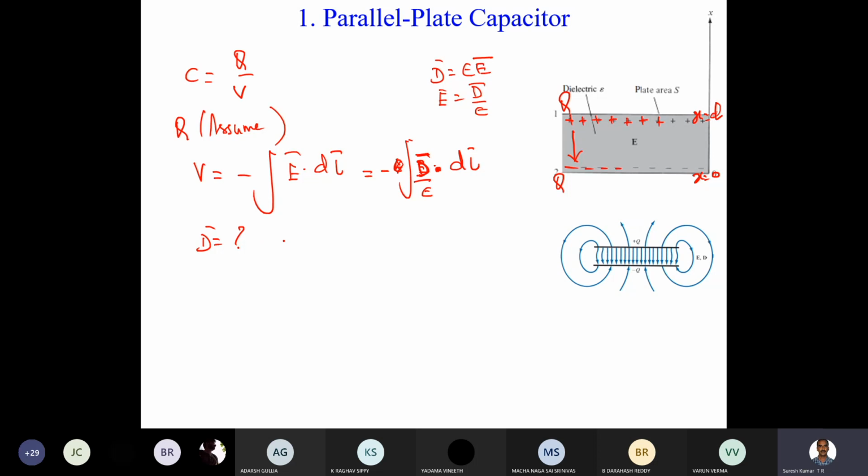That is the electric flux density you need to calculate. What is the electric flux density due to this capacitor configuration? For that, as suggested earlier, you can use Gauss's law, or you can very easily calculate it.